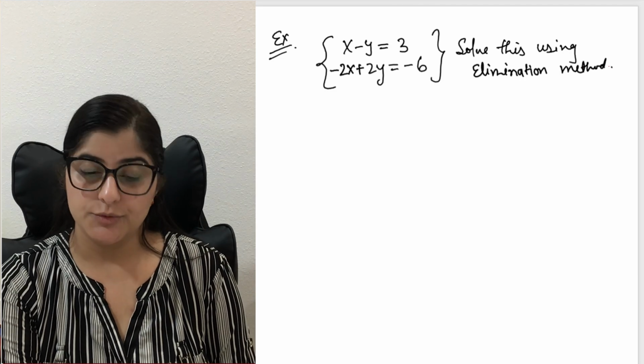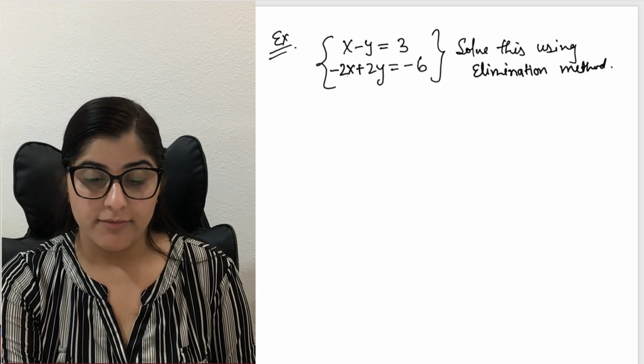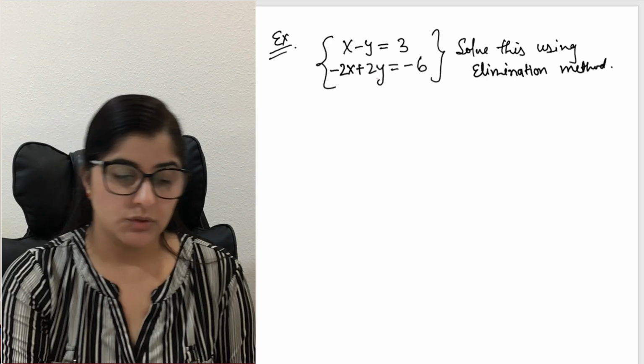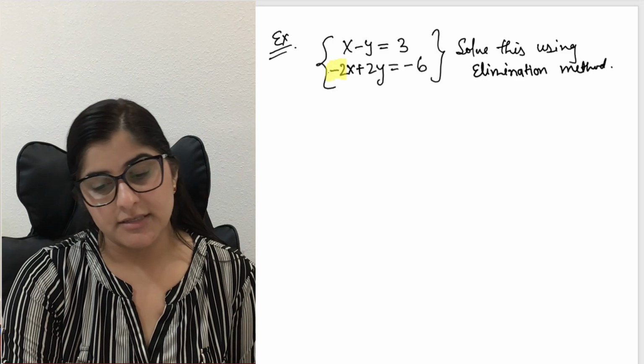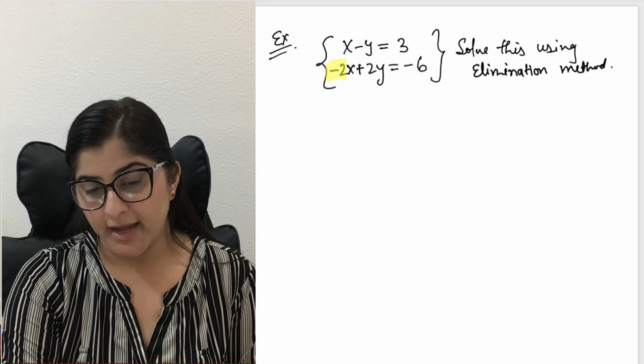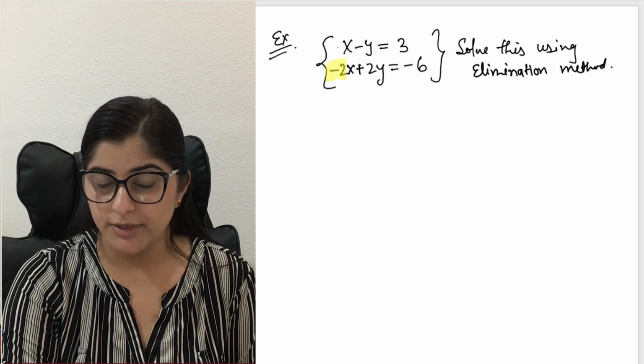We are trying to match the coefficient with the opposite sign of any one of these two variables. Again, let's try to match the coefficients of x with the opposite sign. Here we have -2, so we need 2 here.